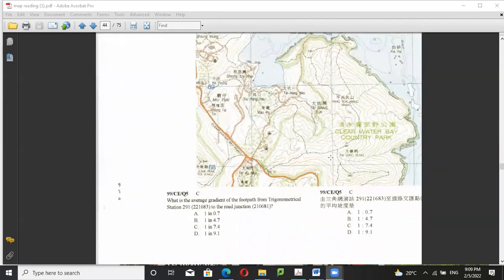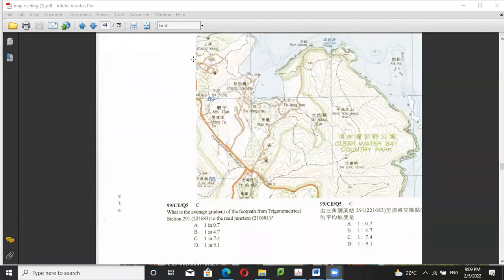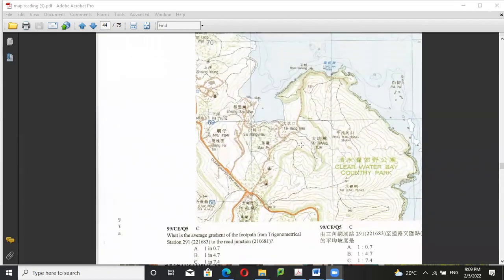The 1999 question, which is talking about the trigonometric station 291, which is right here, and then which is going to 210681.